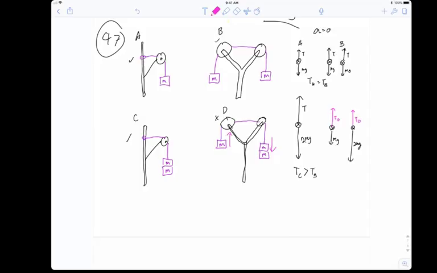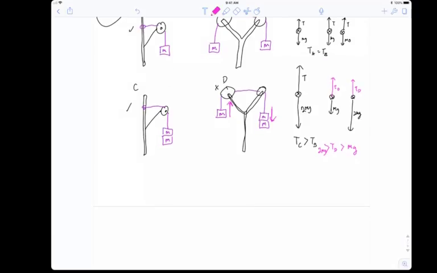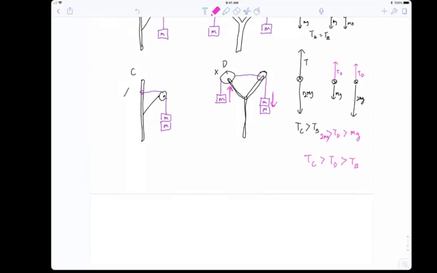So it's the same in both cases. And because this one has to accelerate up and this one has to accelerate down, TD has to be bigger than mg, but smaller than 2mg. Does that make sense? So the long and the short of it is TC is bigger than TD is bigger than TB. That's fun, right?